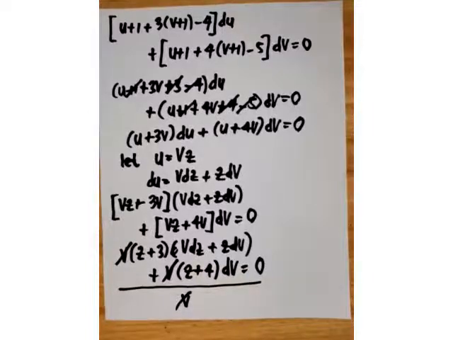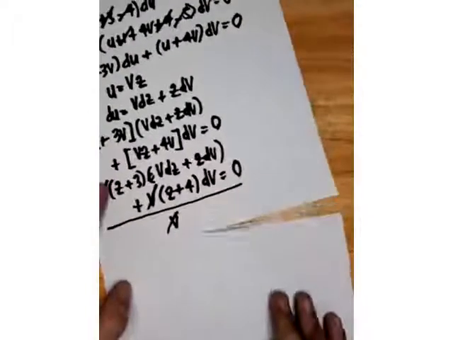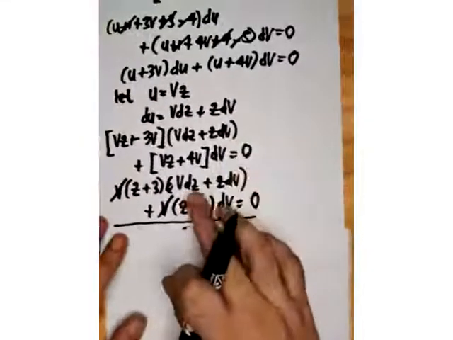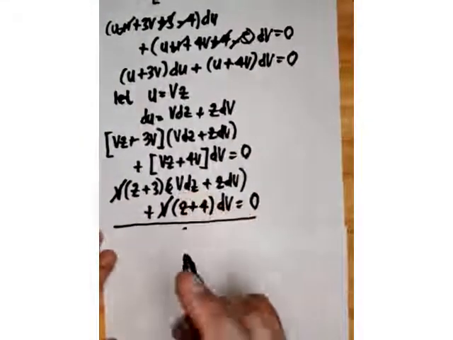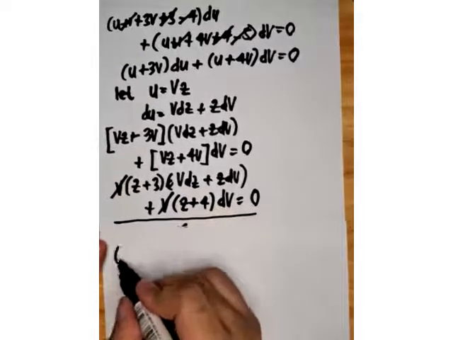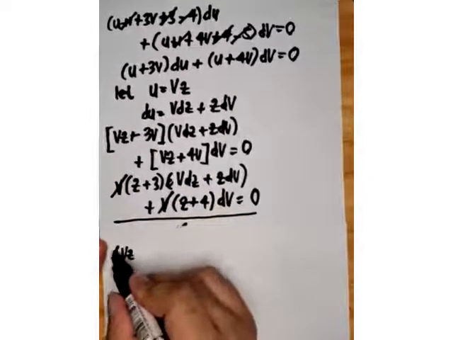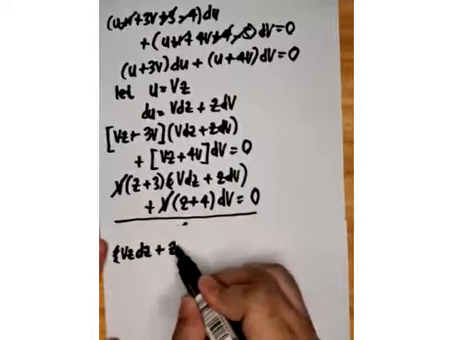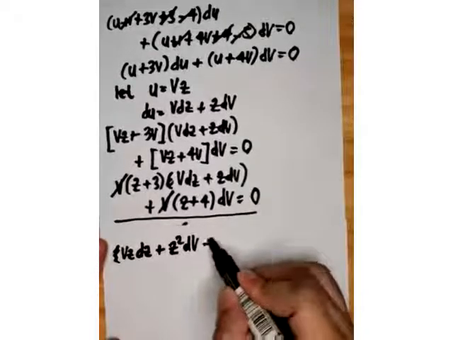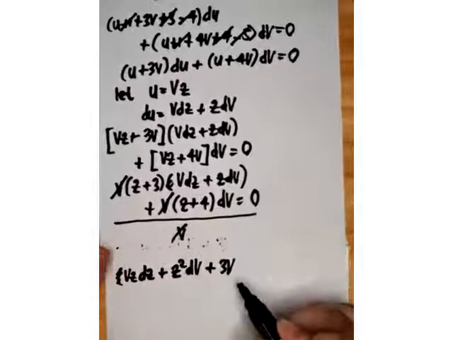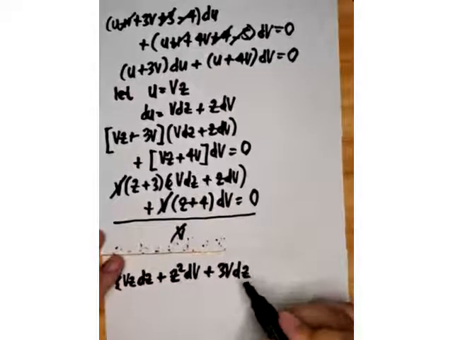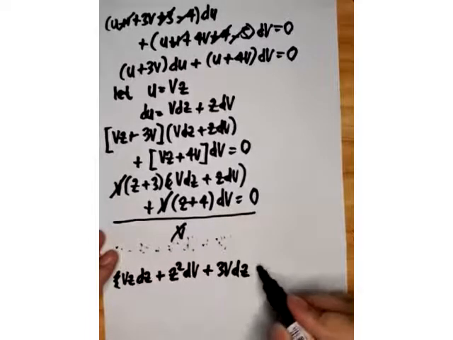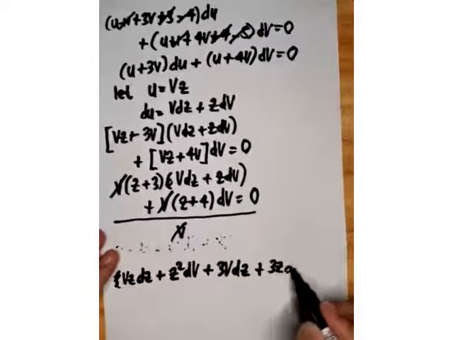Okay. Once we cancel that, so let's distribute na natin yung z plus 3 dito sa binomial na to. So we'll have vz dz plus z squared dv plus 3v dz plus 3z dv.